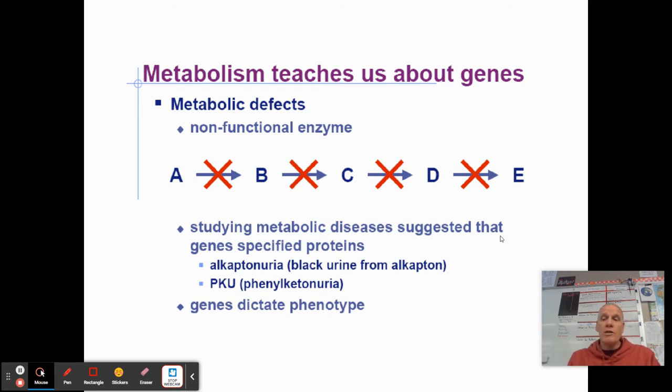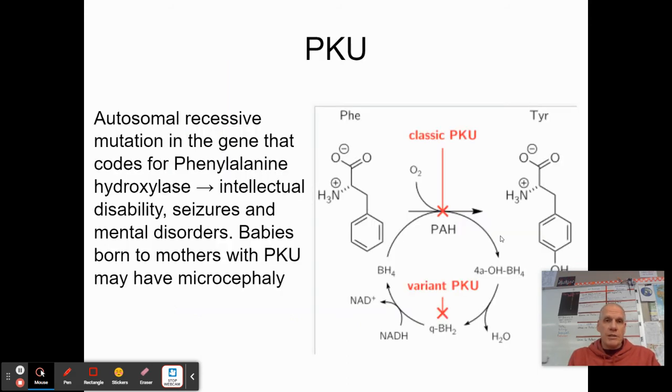Every single one of us, you included, have been tested for PKU pretty quickly after you were born, maybe within an hour of when you were born, because if you have it, the doctors need to know so they can prescribe a certain diet regime so you do not build up phenylalanine, which we'll talk about in a little bit here.